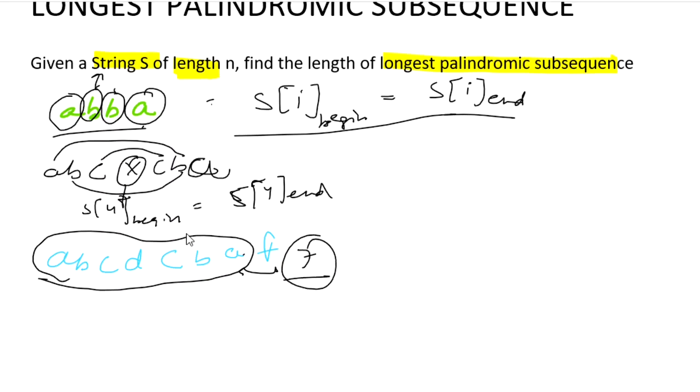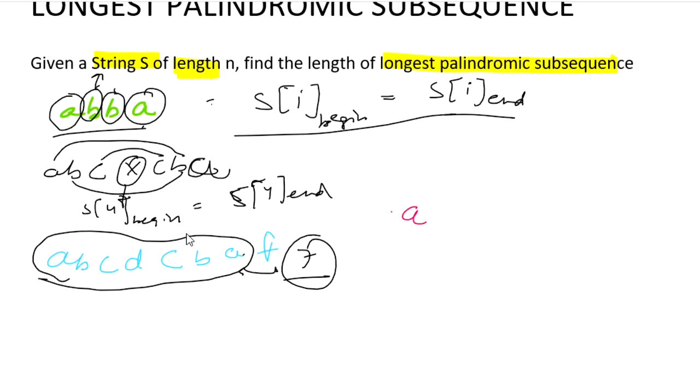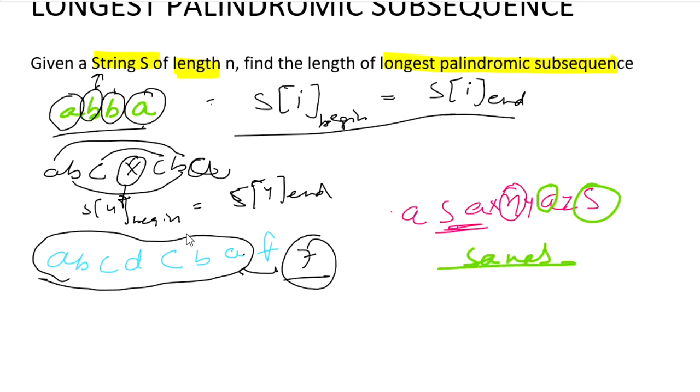And if you want to take another example, then let's take S A N A S, and let's insert some characters here, X Y Z. Okay, so you can see that this A and this A. So in the string, this is a palindrome of length 5.